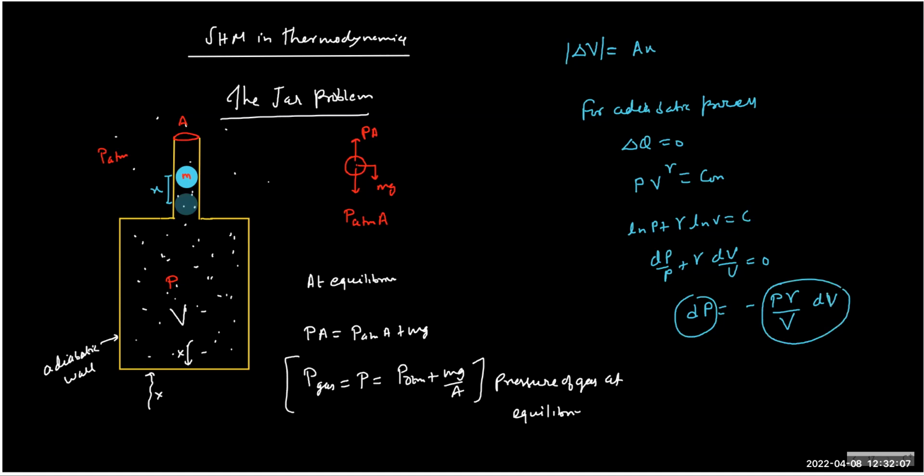So you can see that any compression will create the restoring pressure. The increase in pressure will be how much? Delta P is minus gamma P equilibrium upon the volume of the container times dV, and dV we can write as A into X. When you see the P here, this P represents the equilibrium pressure. We can make the minus a plus, because delta V is negative on compression, so the pressure will grow in value.